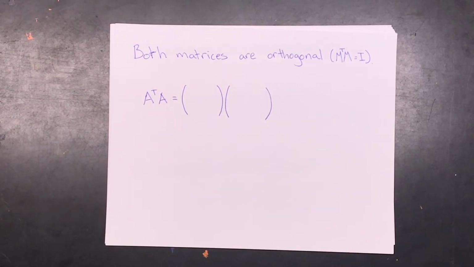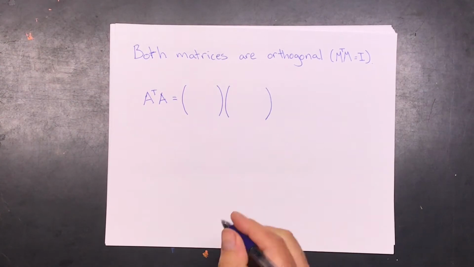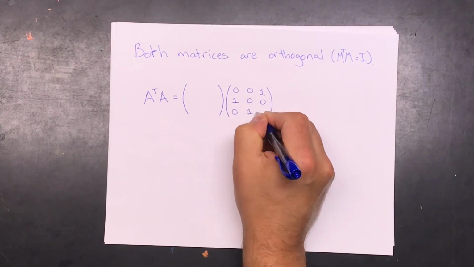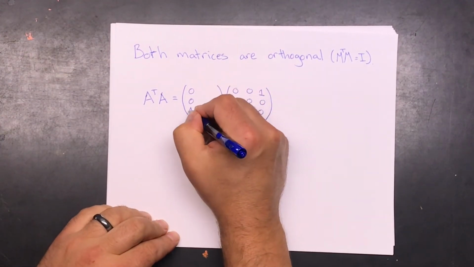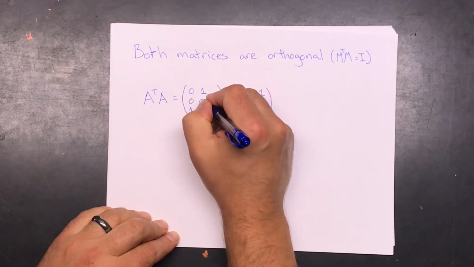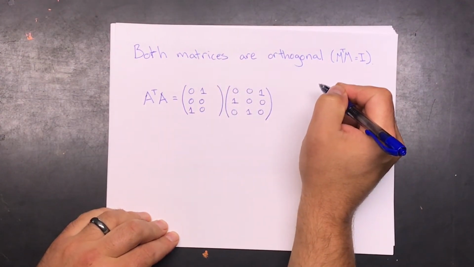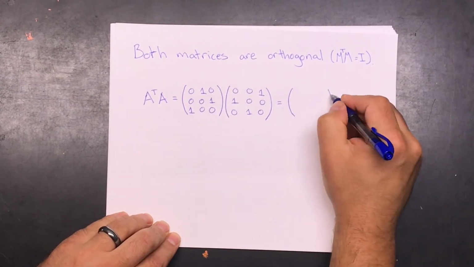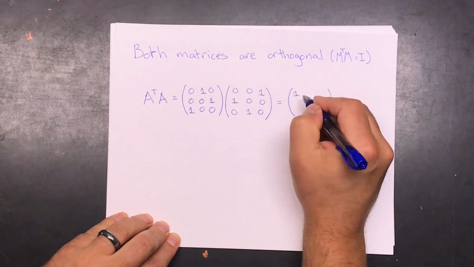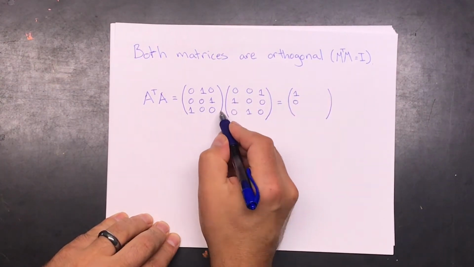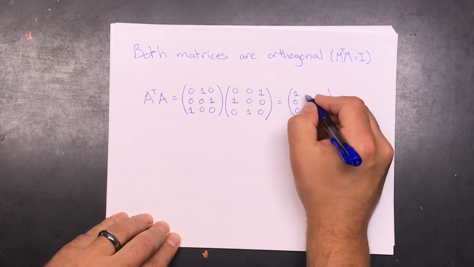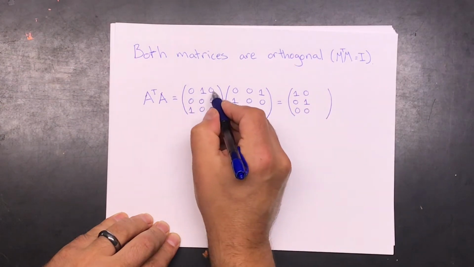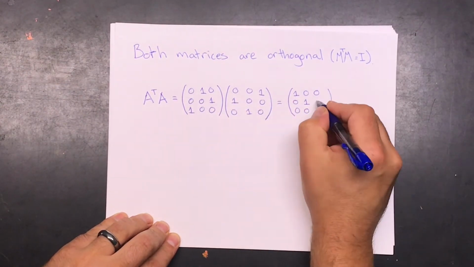If I write down the matrix A, and I write down the matrix A transpose, then I can write down their product by taking dot products of rows of the first matrix and columns of the second matrix. Checking these dot products, you see that we do get the identity matrix as the product of A transpose and A.